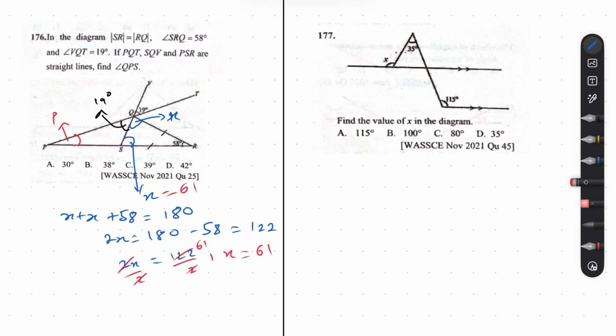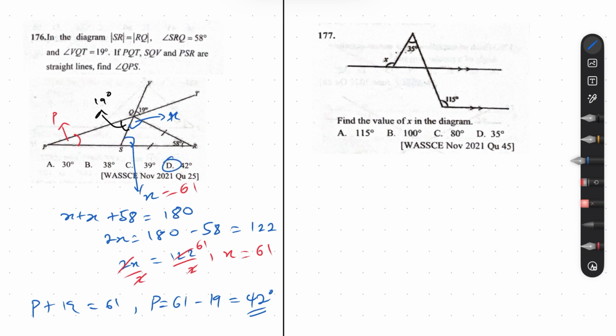That means P plus 19 should give us 61, which is x. Okay, so P is equal to 61 minus 19, and that will give us 42. So that is our answer for this angle, 42, which is D.